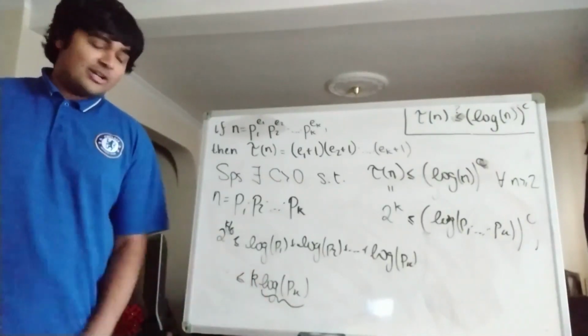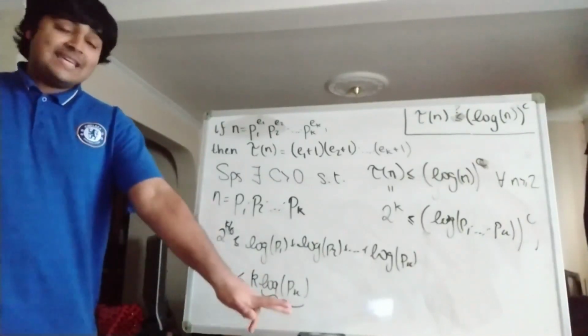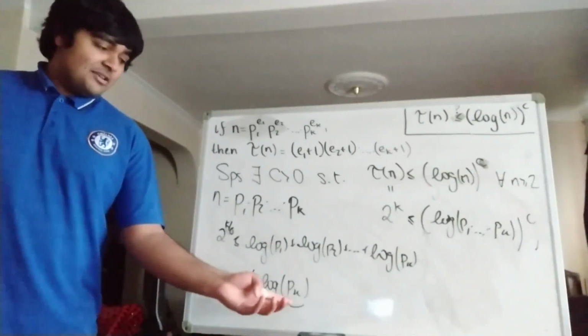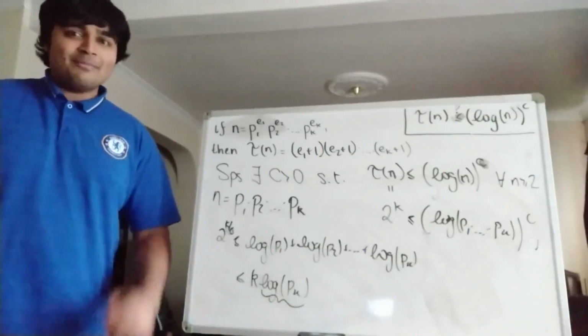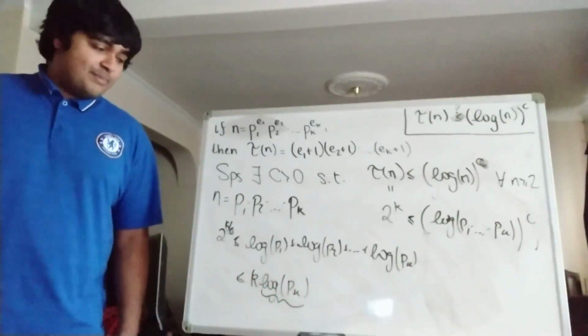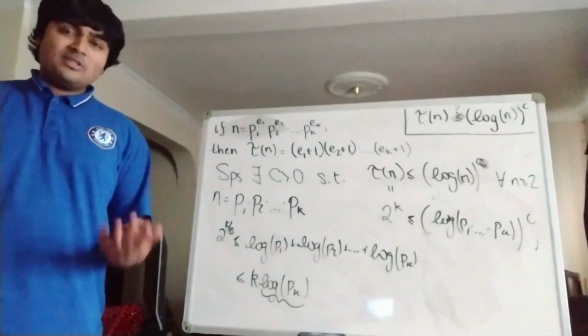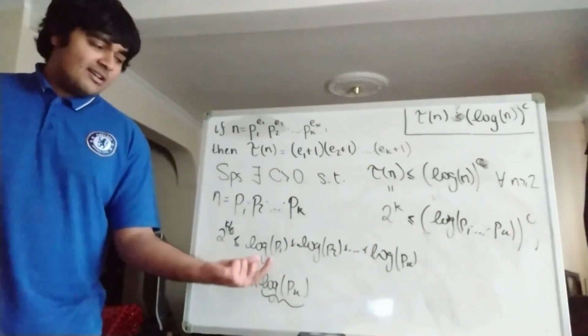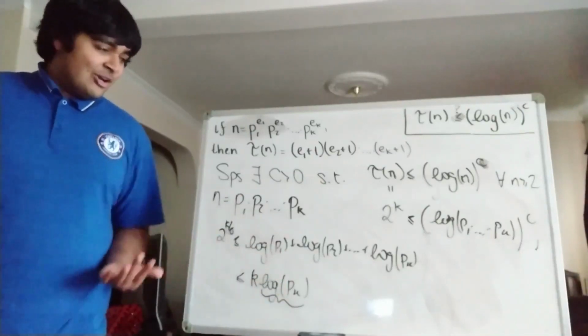So even though it's a log and you might think it's growing really slowly, pk, remember, is growing a lot bigger than k. Without using things like the prime number theorem, it's not particularly clear how we can bound log of pk. And ideally we don't want to use the prime number theorem because that's somewhat advanced, so we can't make a conclusion just yet.